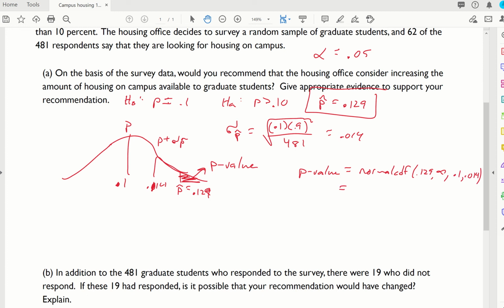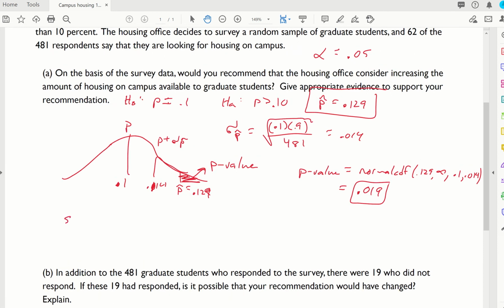I actually have to do some math now, so bear with me. That gives 0.019. That is a small p-value.